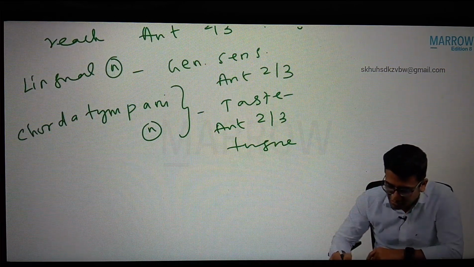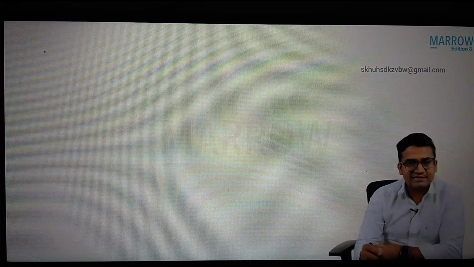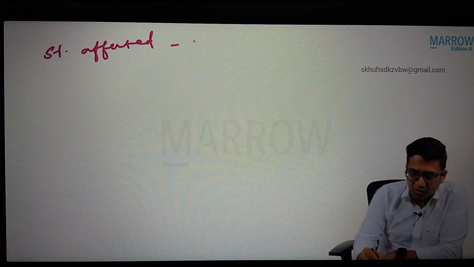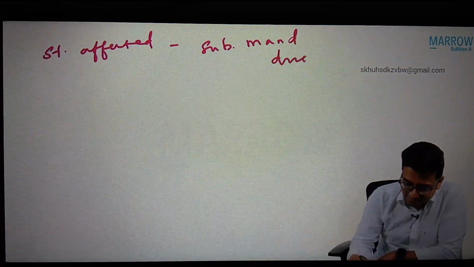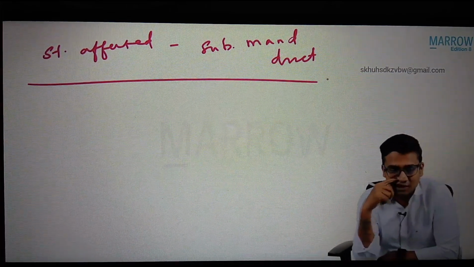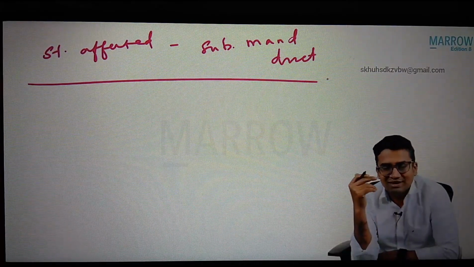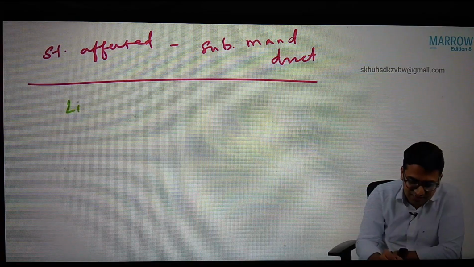Now the point is, they gave this question in the 2022 NEET exam. The structure affected while removing the submandibular duct, the most common structure affected. So what is the structure which is close to the submandibular duct? Which nerve?